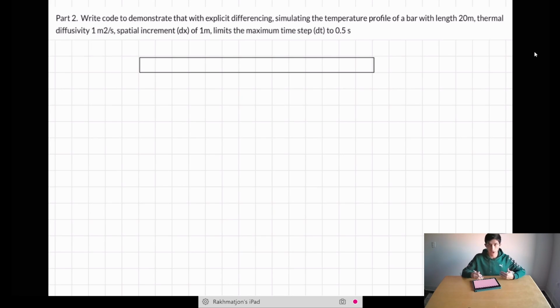Okay, so first, before going into Python, we have to derive what we're going to do, right? If we derive the equation, we can just use Python to plug in our equation and solve it.